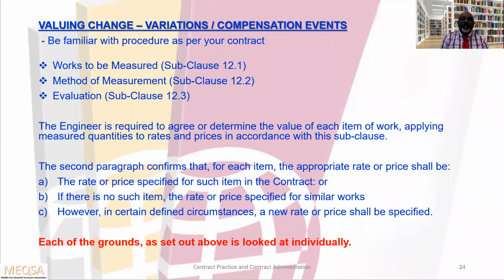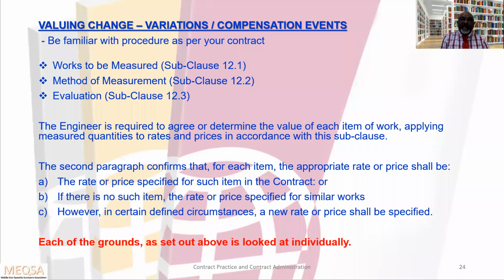Evaluation, subclause 12.3. This FIDIC 99 evaluation is a little bit different, a little bit complicated. The engineer is required to agree or determine the value of each item of work, applying measured quantities to rates and prices in accordance with this subclause.